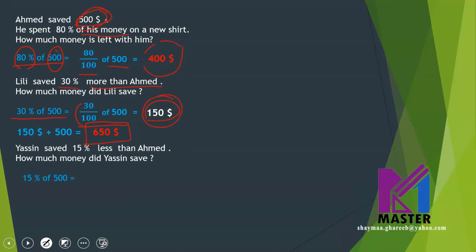I can get the 10%, which is, what is the 10% of 500? 10% of 500 equals 50. Then I will calculate the 5% of 500, which is, the 5% is half the 10%. So it will be 25. Then the 15% equals $75.